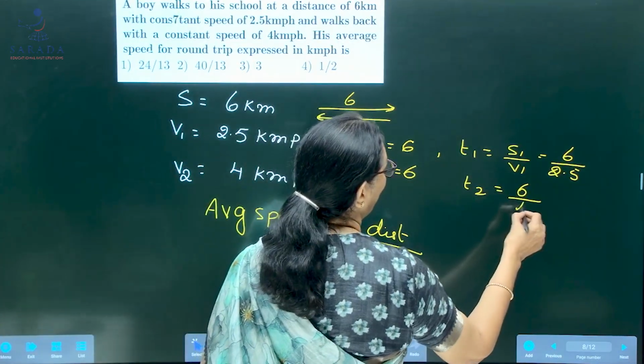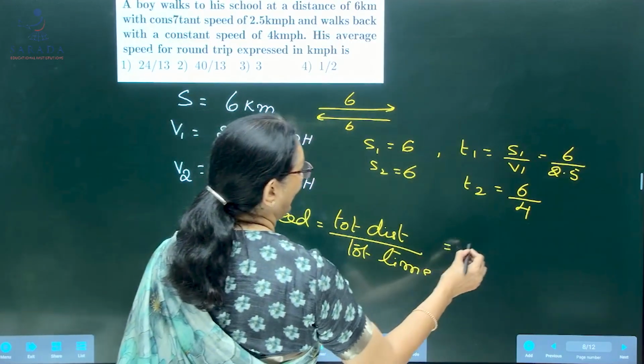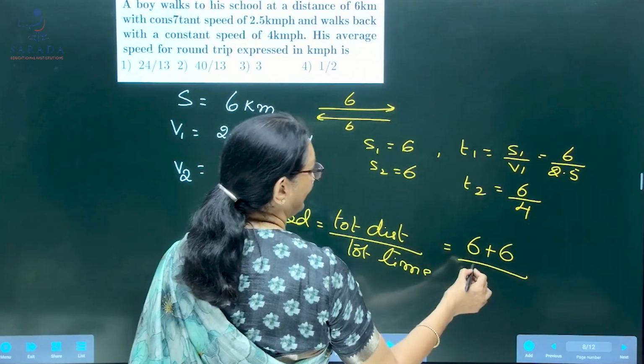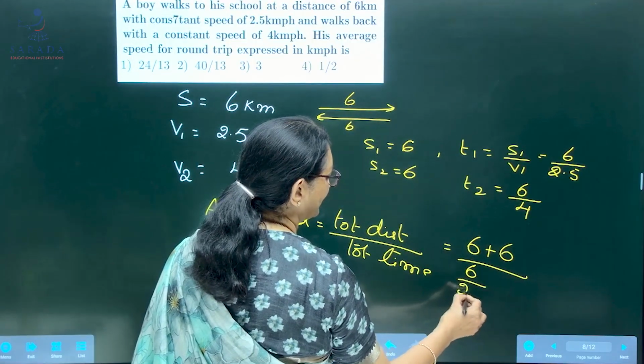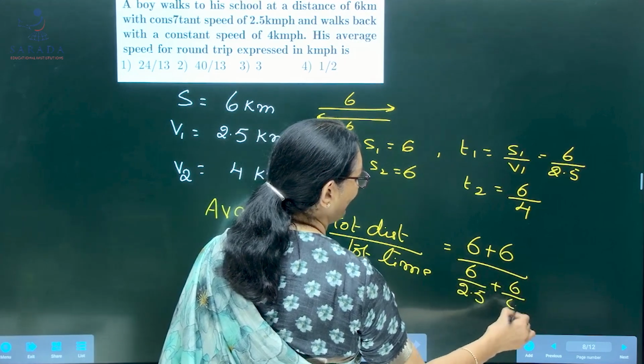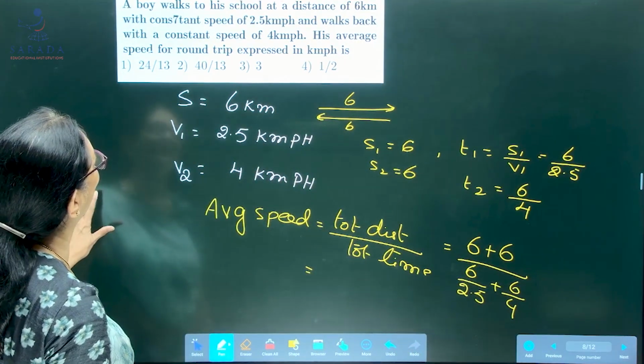So, total distance S1 plus S2 by total time T1 plus T2 is 6 by 2.5 plus 6 by 4. So, what do we get here?